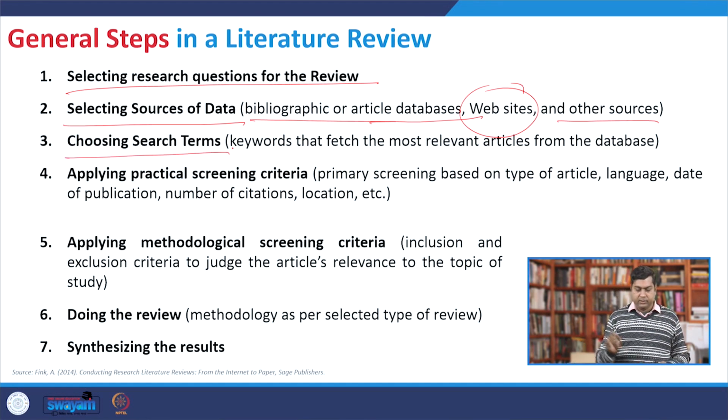Next is choosing the search terms, what to search. Many times we researchers do not know exactly how to search. We search with a certain term and we are not getting results, and then we approach our teacher saying nothing is available, and the teacher does the search and shows us that there are things available.